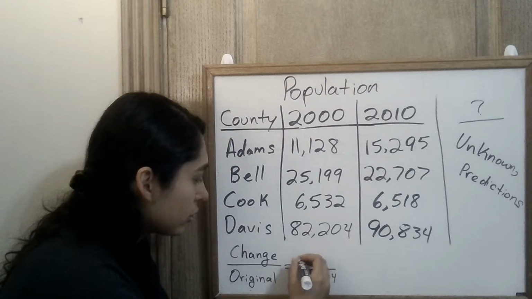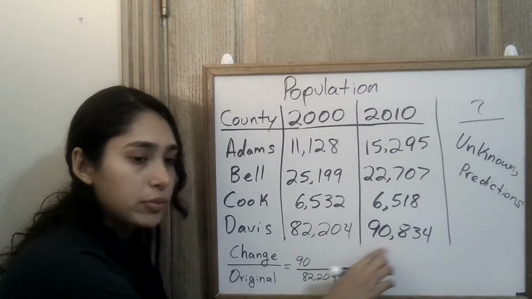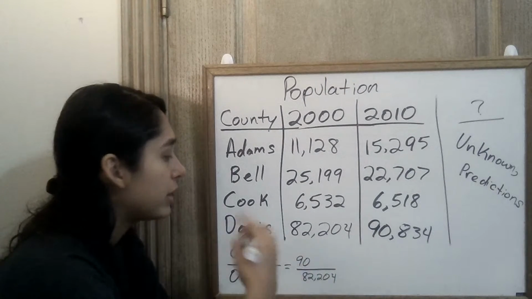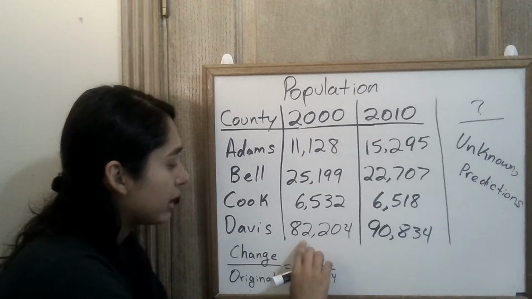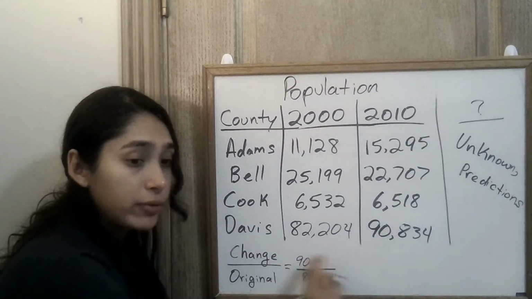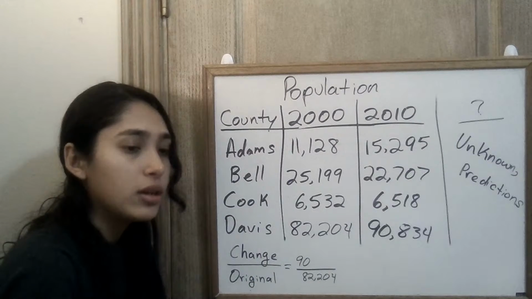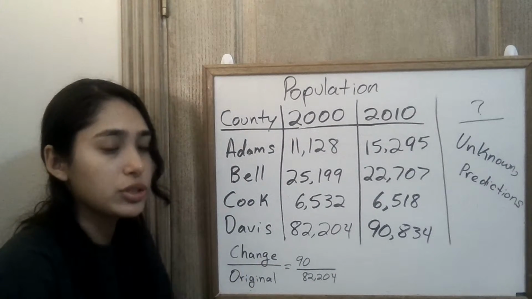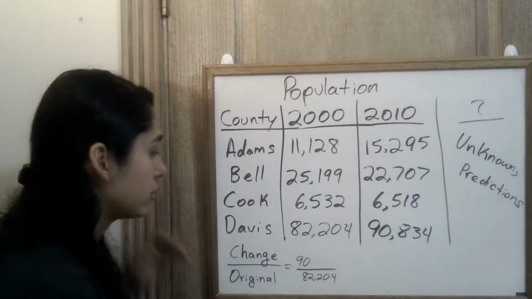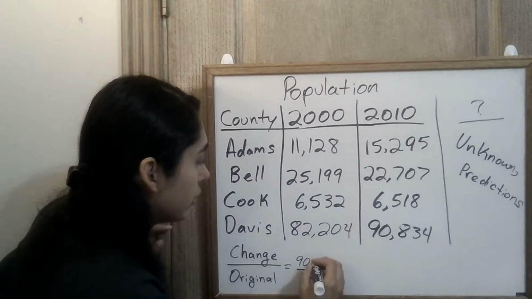So I'm just going to go ahead and put the bigger number first. It'd be the same thing if I subtracted in whatever order. I might end up with a negative. Right now, we're not worried about negative trends or positive trends. We just want to see what was the difference. So we're going to go ahead and do this.